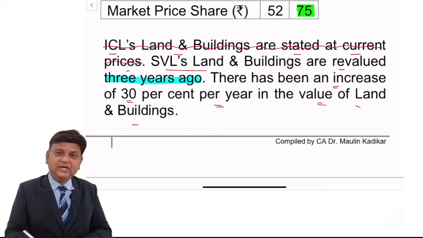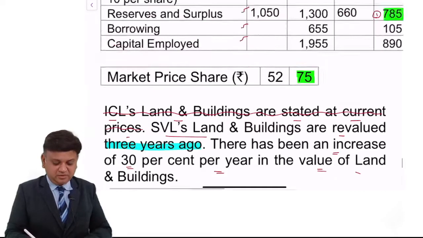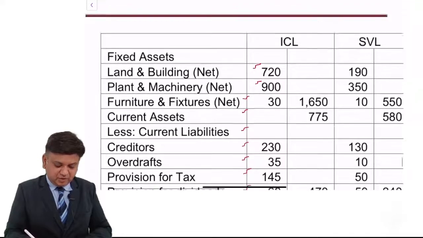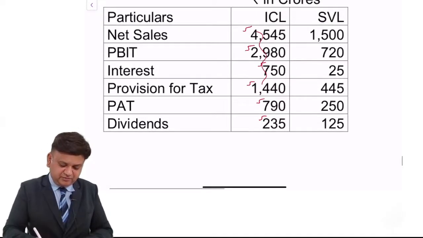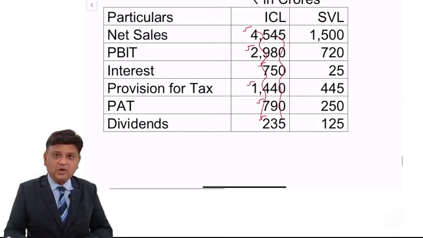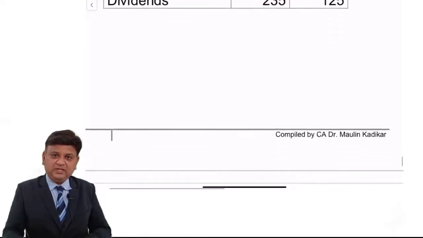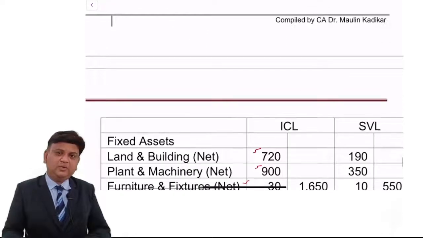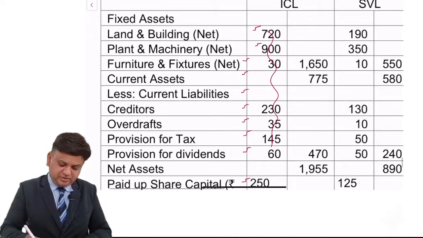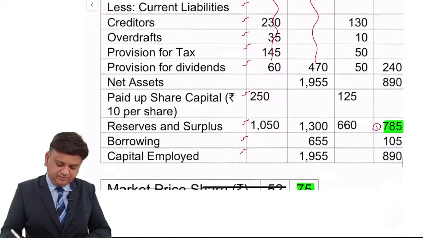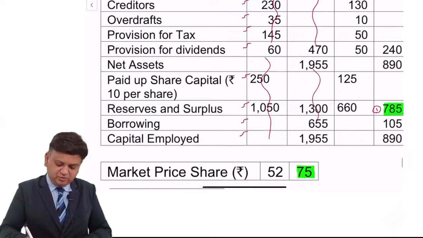We are concerned with the target company information. Dear students, all of you can very well understand that all this information is of no use of the acquiring company. We just have to compute the premium over the current market price of the target company. So this information is of no use.